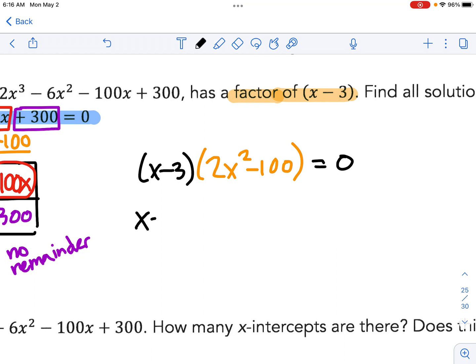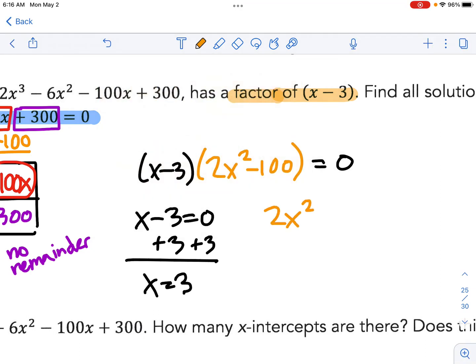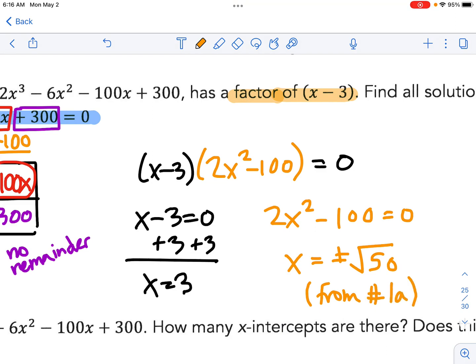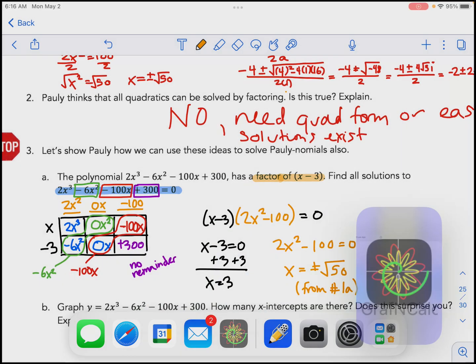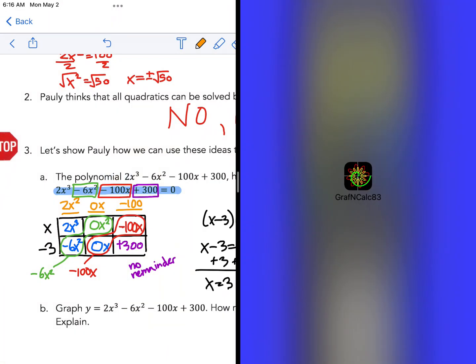So to solve this, then we set each one of those equal to 0. So we have x minus 3 equals 0. We add 3 to both sides. So we have x equals 3. And then I'm not going to go through all the steps, but we have 2x squared minus 100 equals 0. And that we know is x equals plus or minus the square root of 50 from above, from number 1a. So those are the answers. Let's just take a look at this graphically.